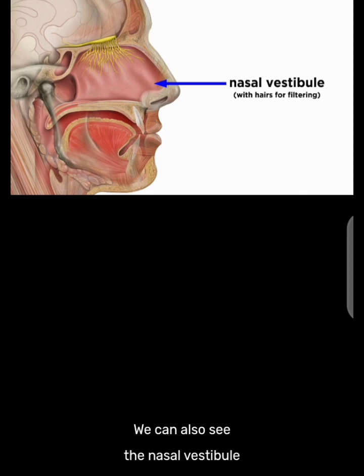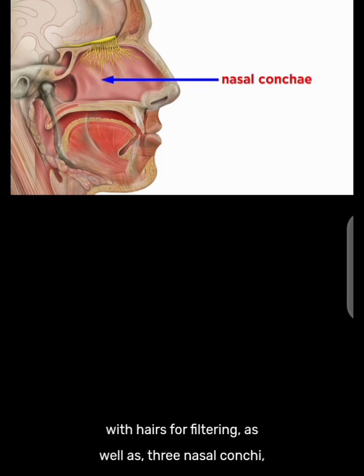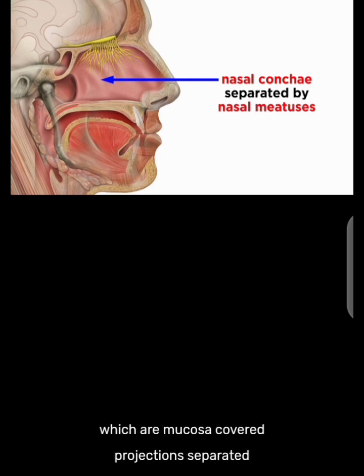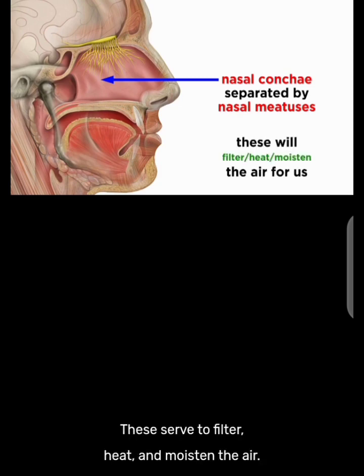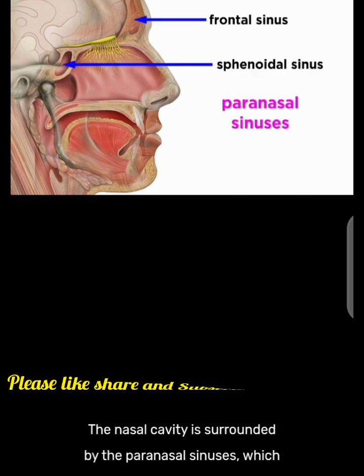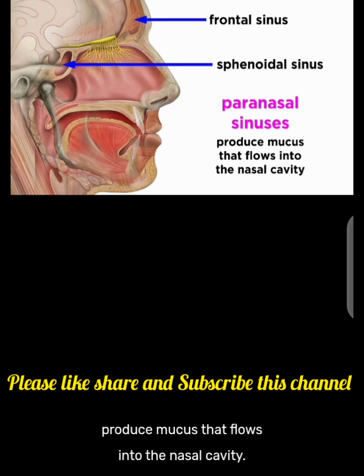We can also see the nasal vestibule with hairs for filtering, as well as three nasal conchae, which are mucosa-covered projections, separated by nasal meatuses. These serve to filter, heat, and moisten the air. The nasal cavity is surrounded by the paranasal sinuses, which produce mucus that flows into the nasal cavity.